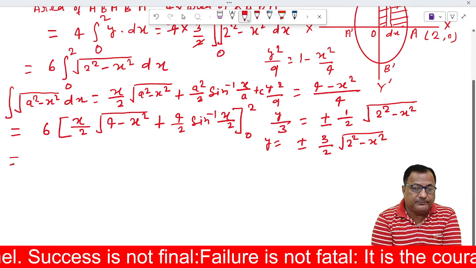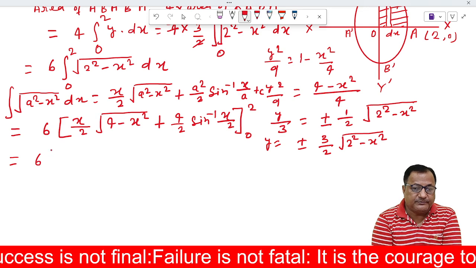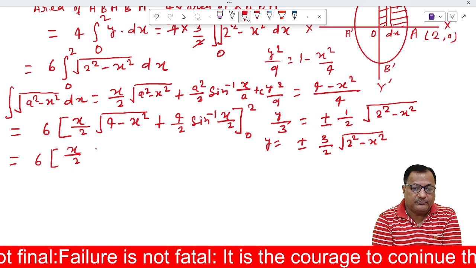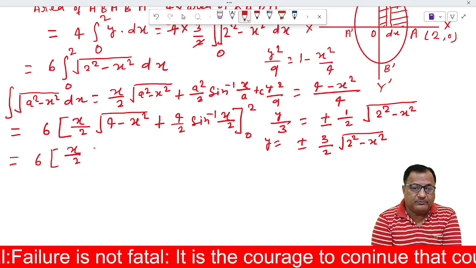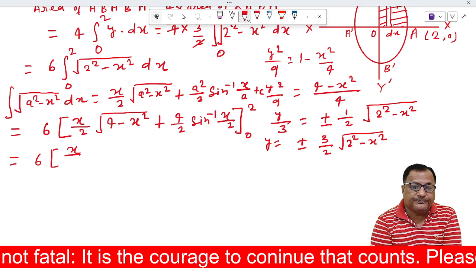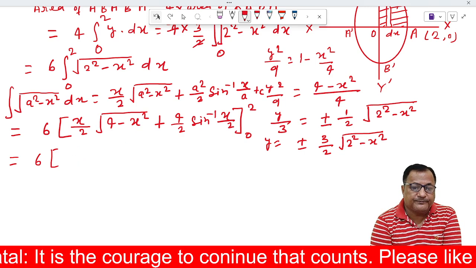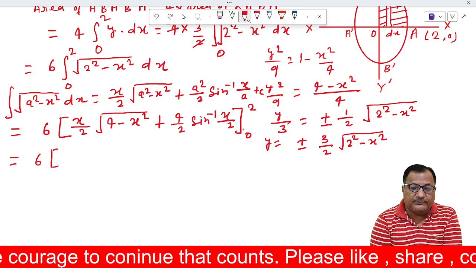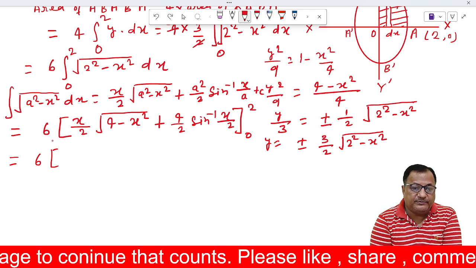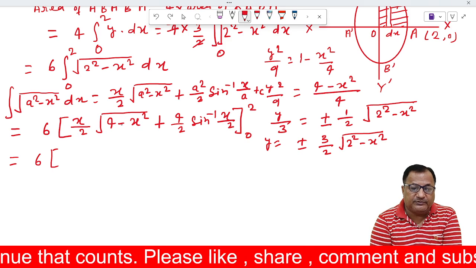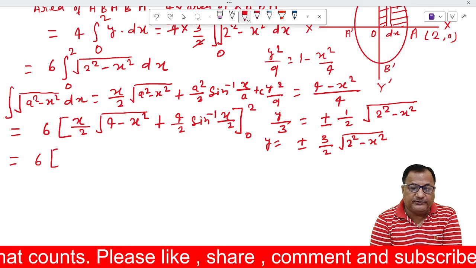So 6 times x by 2. If we put the limit 2, this will be 2 by 2 times root of 4 minus 4, which is 0, so this whole will be 0.